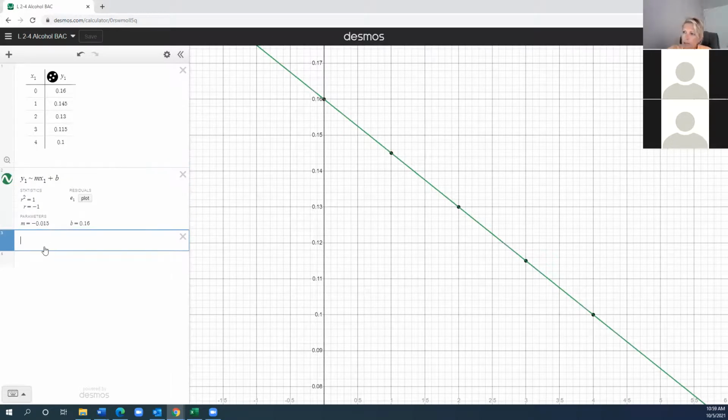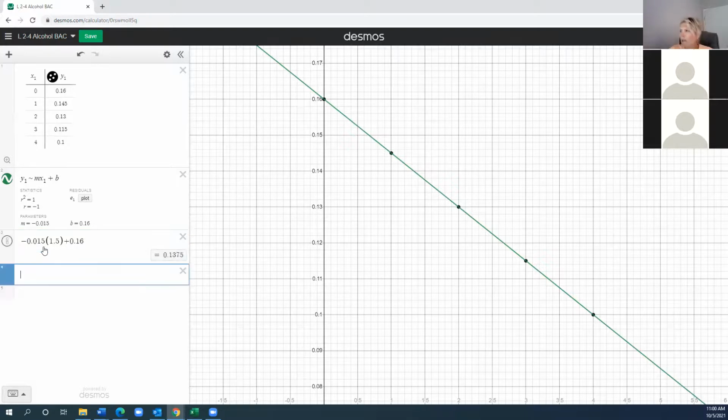If you just go to another line in Desmos, you could type y equals your slope, which is negative 0.015 times 1.5 for the 1.5 hours, in parentheses, plus your y-intercept, 0.16.